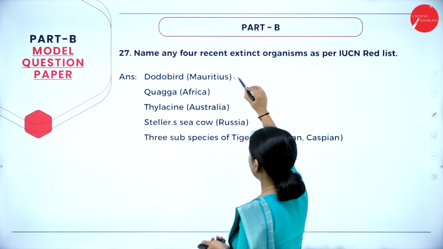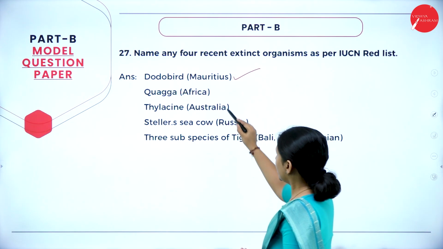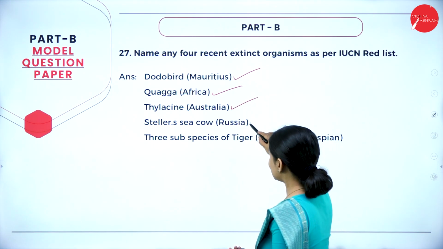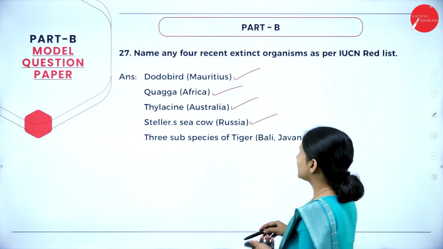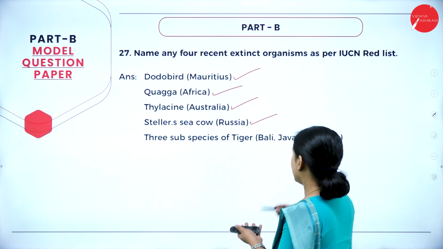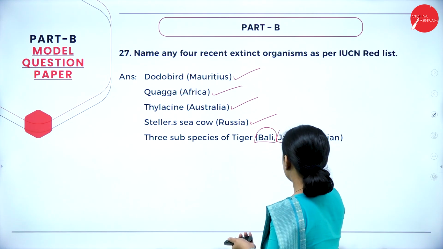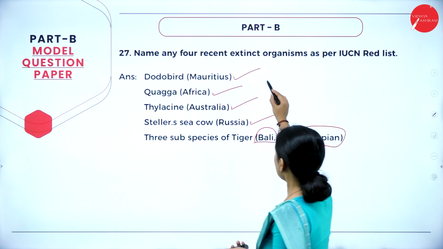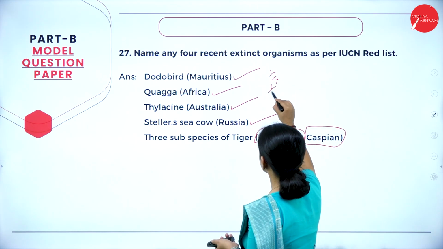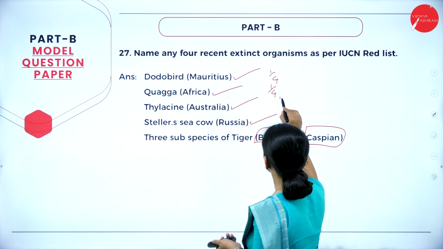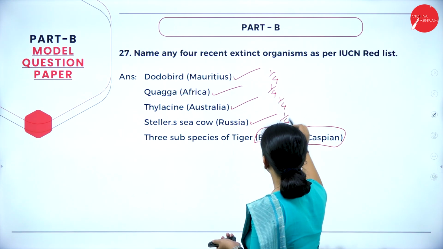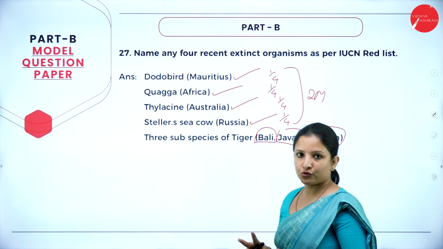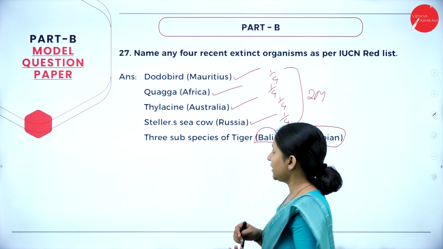Dodo bird of Mauritius Island, quagga of Africa, thylacine of Australia, Steller's sea cow of Russia, and 3 subspecies of tiger, that is Bali, Javan and Caspian tiger. Any 4 if you write, each will carry quarter mark, so a total of 1 mark. If you just write 2, you will get only half a mark. 4 needs to be written there.